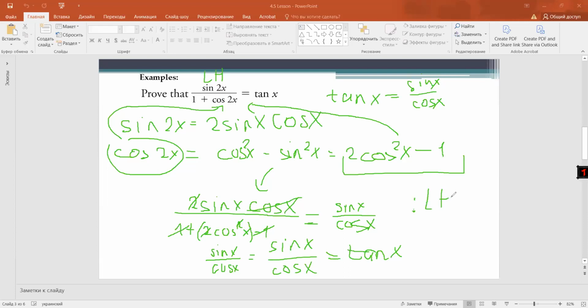Left hand side equals right hand side, which proves the identity.